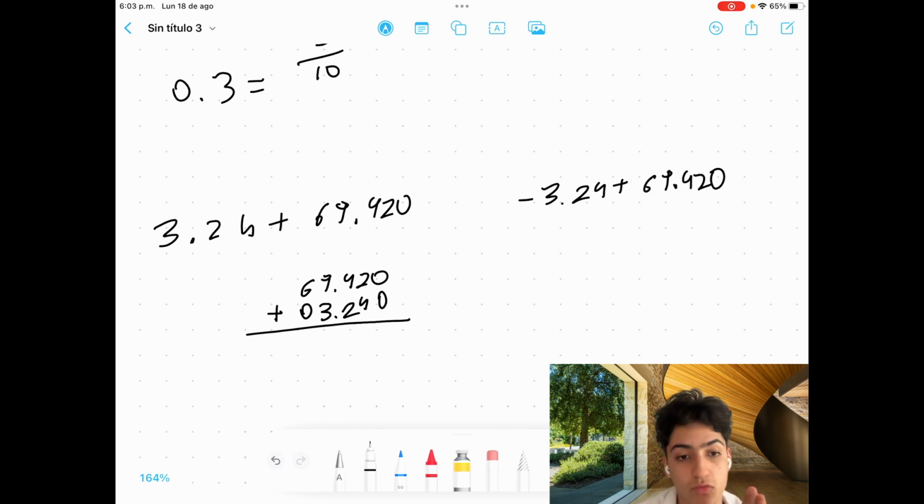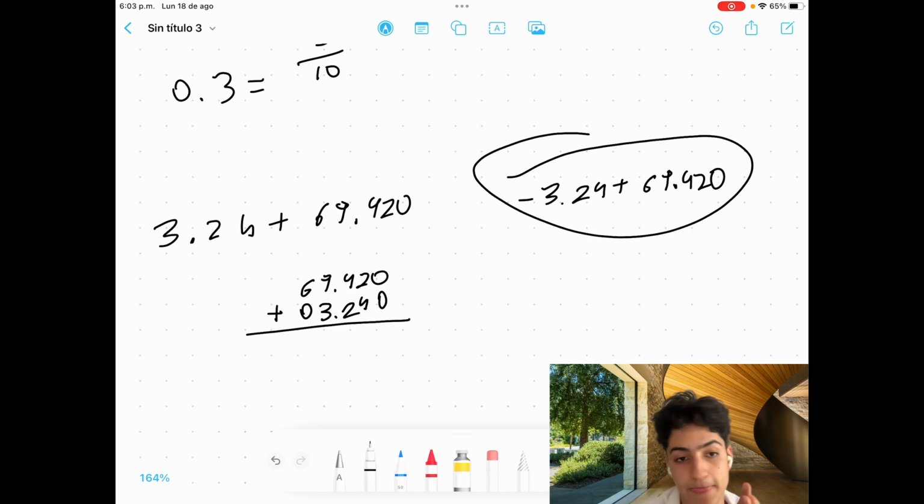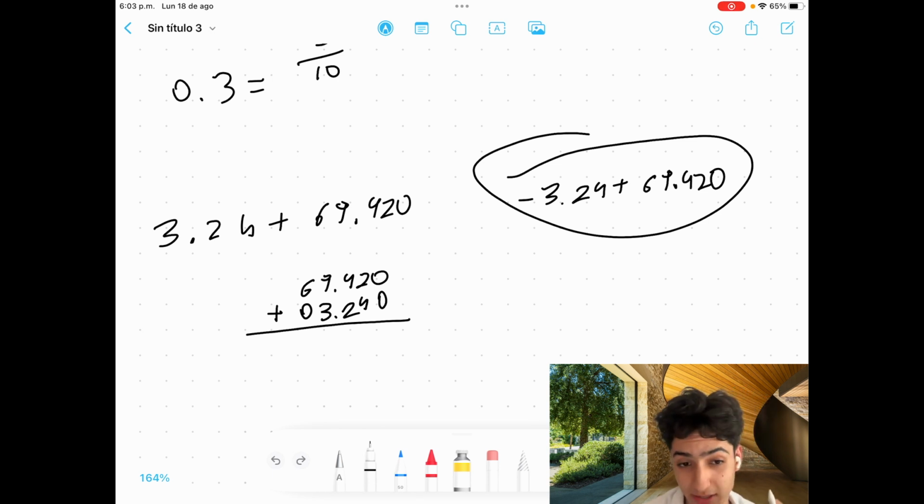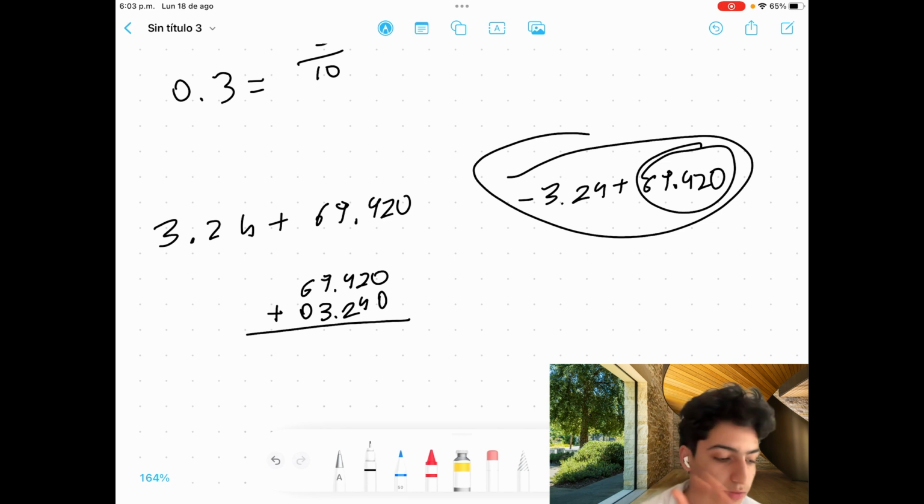So in this case, this is a calculation where we have different signs, the negative value and the positive value. In this case, whenever we have different signs, we always need to add for the highest value at the top. So in this case, this is the highest value, and we need to add it to the top.